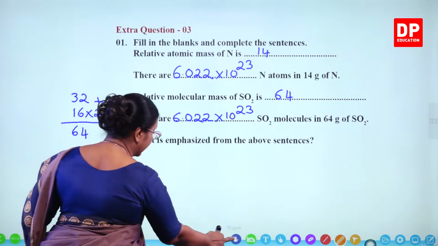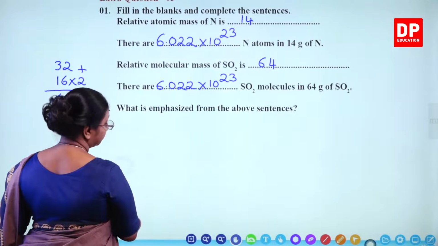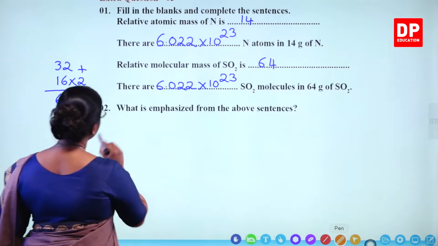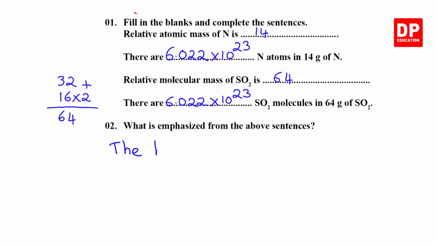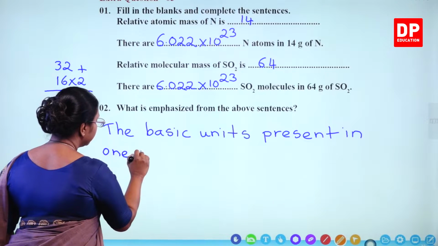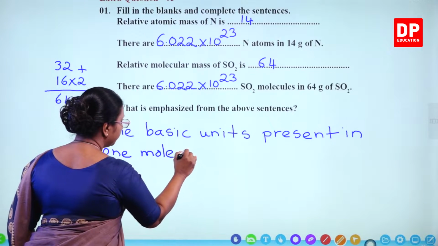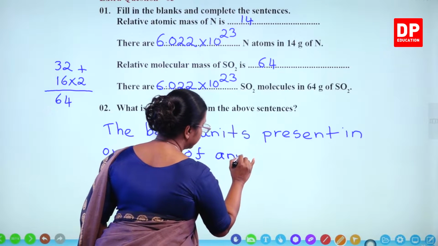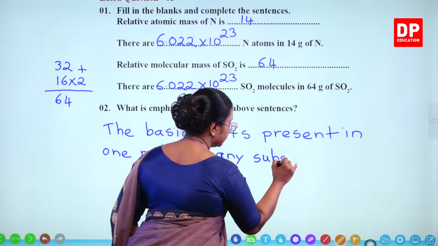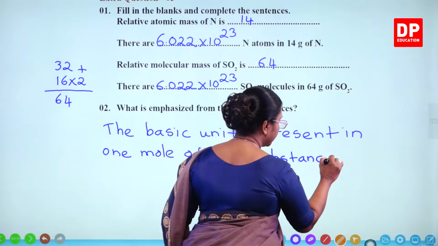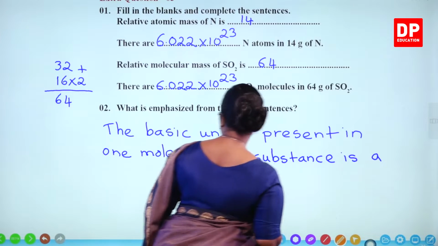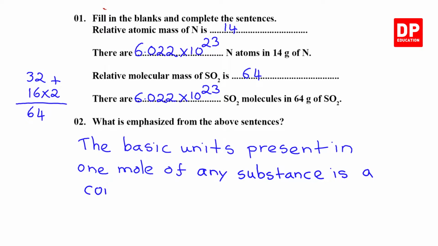So, if we explain that, the basic units present in 1 mole of any substance is a constant.